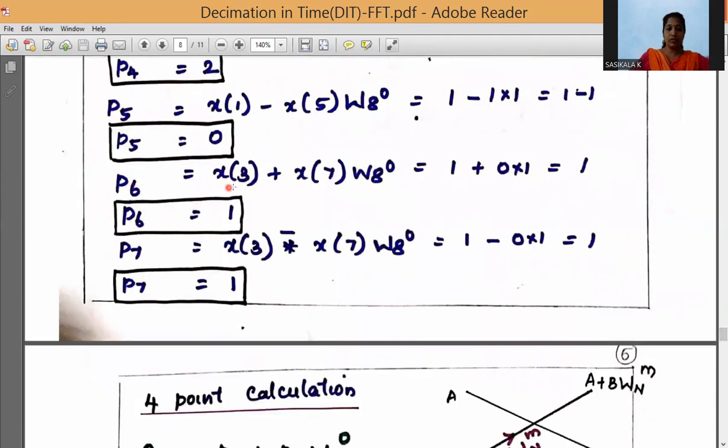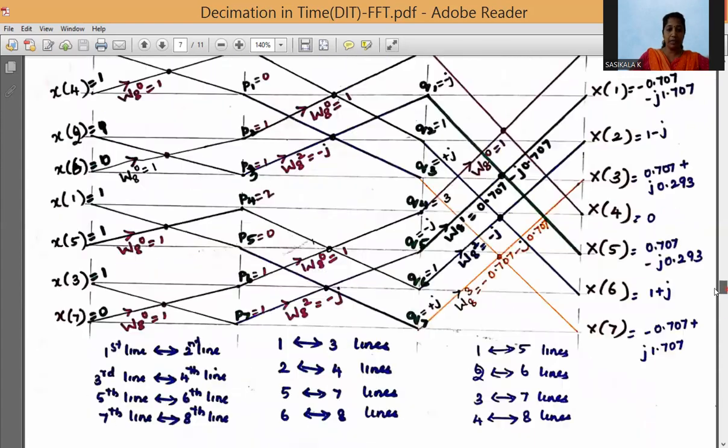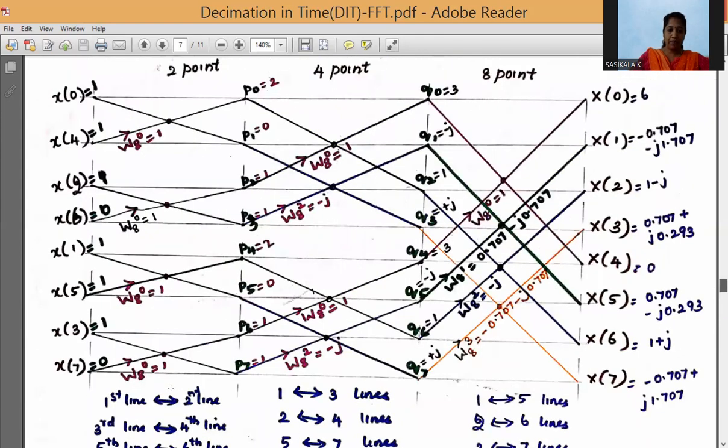P6 equal to X of 3 plus X of 7 into twiddle factor. So 1 plus, X of 7's value is 0, so 0 into 1, I am getting 1. And P7 equal to X of 3 minus X of 7 into W8 power 0, which is 1 minus 0 into 1, which is 1. So P6 and P7 both are 1. So substitute P6 equal to 1 and P7 equal to 1.